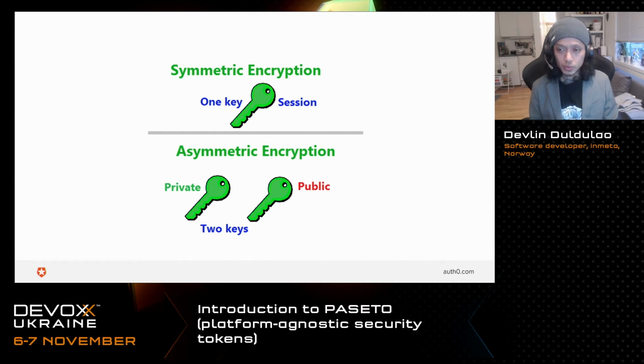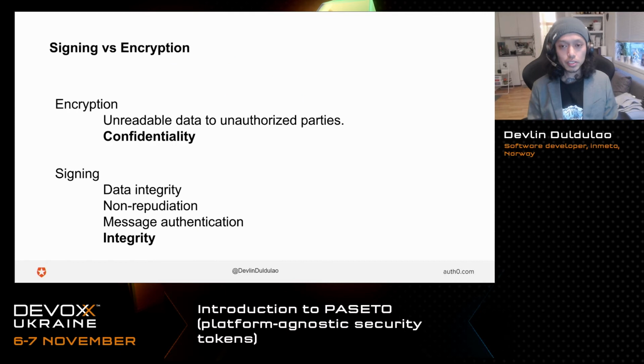And so, signing versus encryption. Encryption makes data unreadable to unauthorized parties. That's how we use it, and also for confidentiality. And for signing, we need it for data integrity, non-repudiation, message authentication, and most of all, integrity.